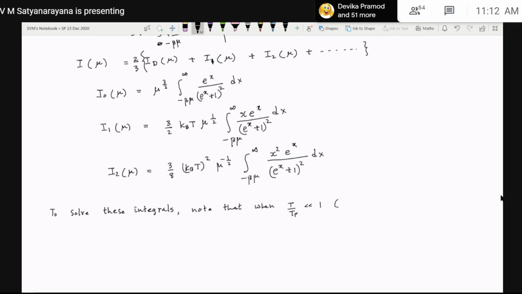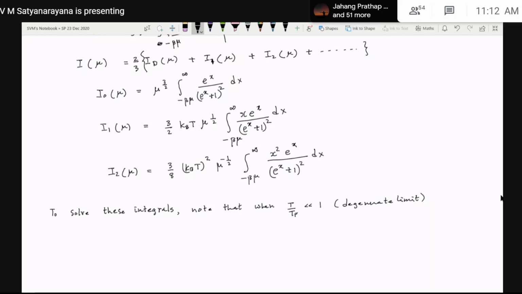This is generally called the degenerate limit. The limit T equal to 0 is called the degenerate Fermi gas. So your temperature is not very high, it is much smaller than your Fermi temperature.